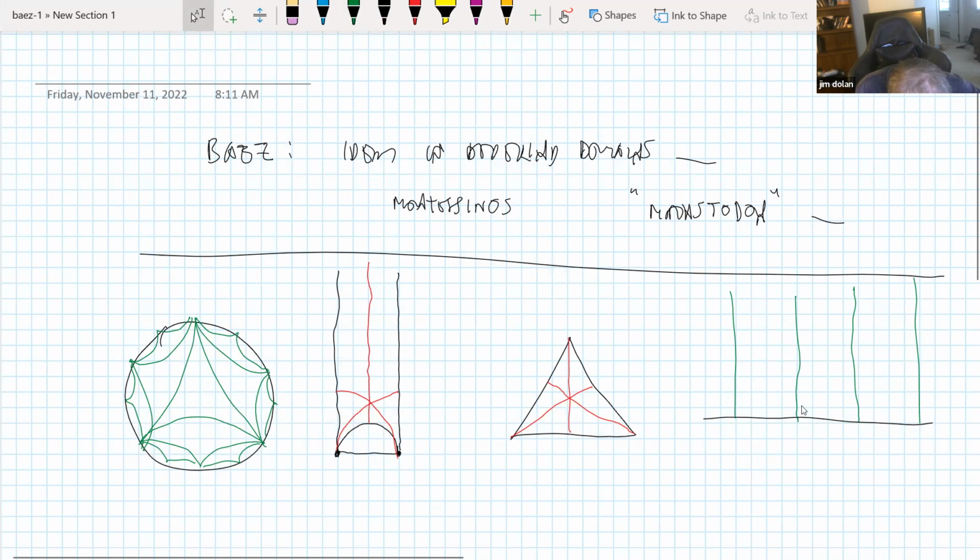You have those semicircles, and then you have these. Sorry, that's really too sloppy. How far up does it go? And then, et cetera, et cetera.